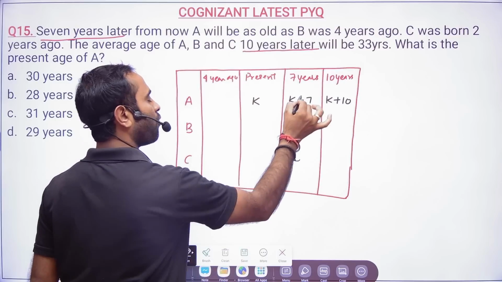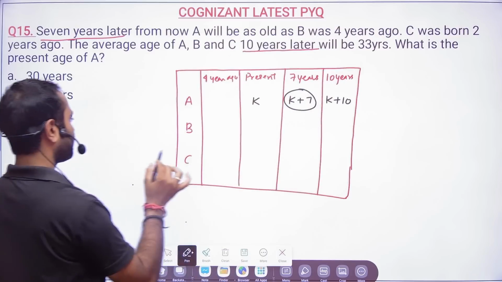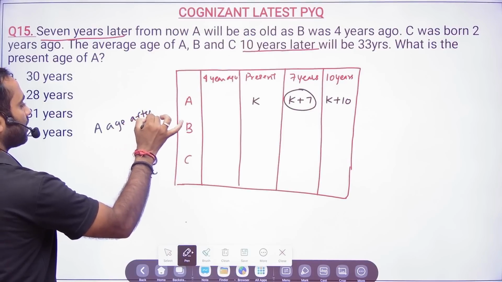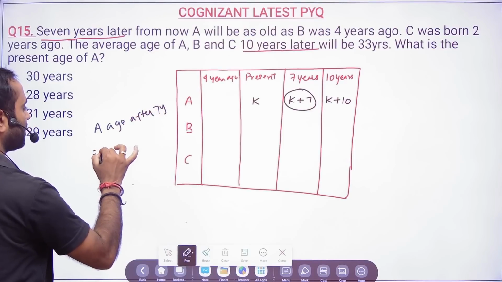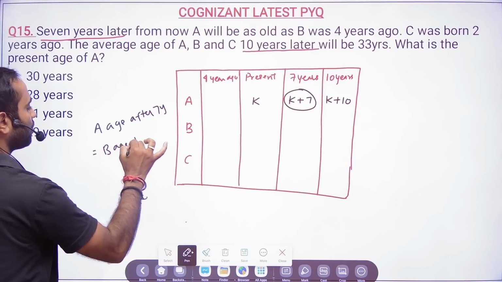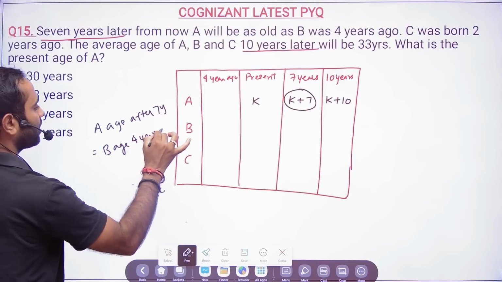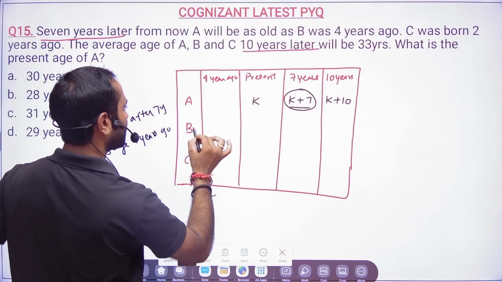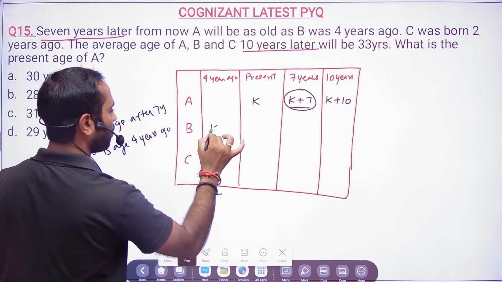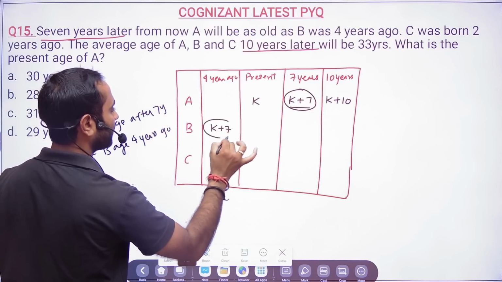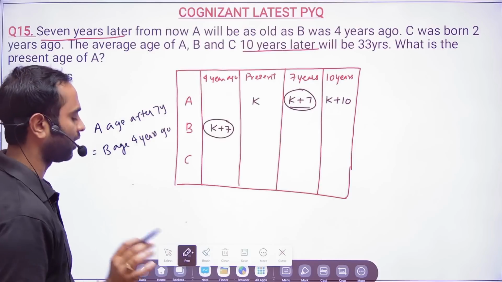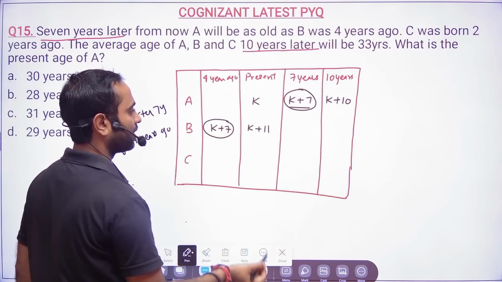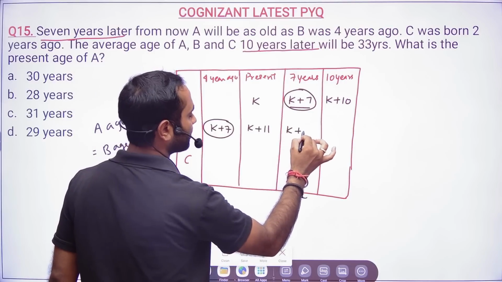So A's age after 7 years is equal to B's age 4 years ago. A's age after 7 years will be K plus 7, then B's age 4 years ago will also be K plus 7. Clear? If you understand this, it is done. Present age, that means after 4 years it will be K plus 11. After 7 years it will be K plus 18.